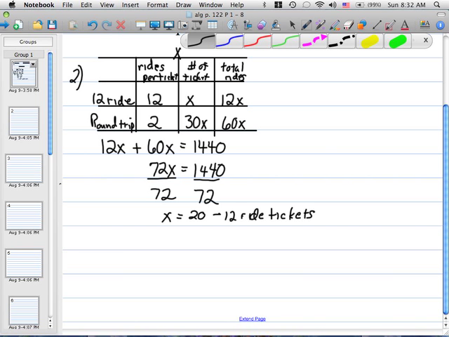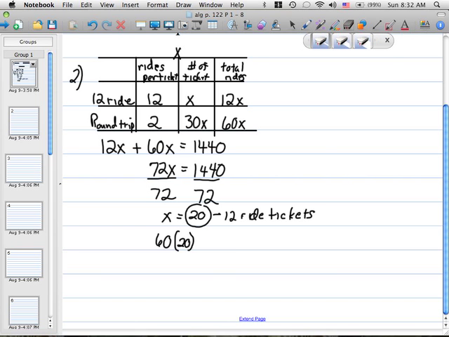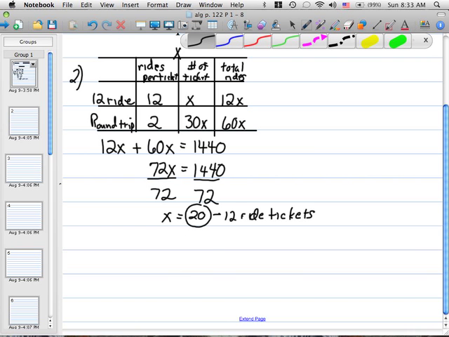So if there were 20 12 ride, we need to take, excuse me, 30 times 20, because there were 30 times as many round trip tickets, so 30 times 20, there were 600 round trip tickets.